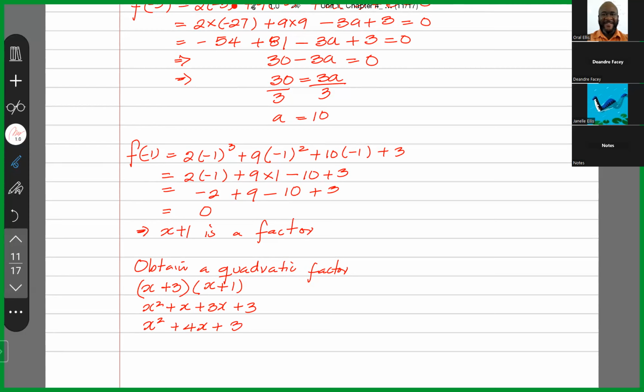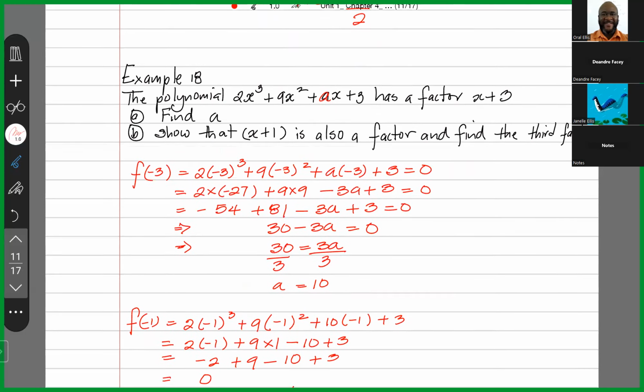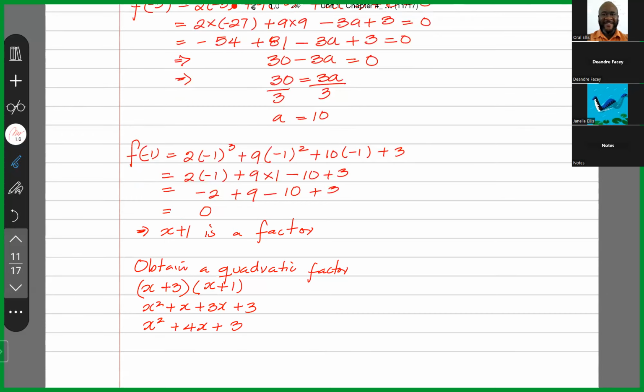Now, x squared plus 4x plus 3 is a quadratic factor. Essentially, what that means is that x squared plus 4x plus 3 can go into f of x without leaving a remainder. So let's divide. In fact, when we divide f of x by x squared plus 4x plus 3, we're going to get the third linear factor.